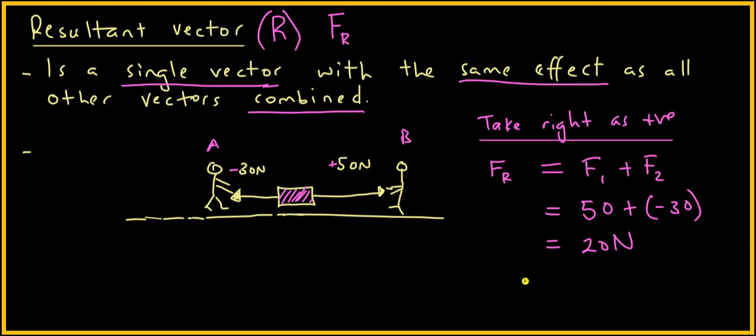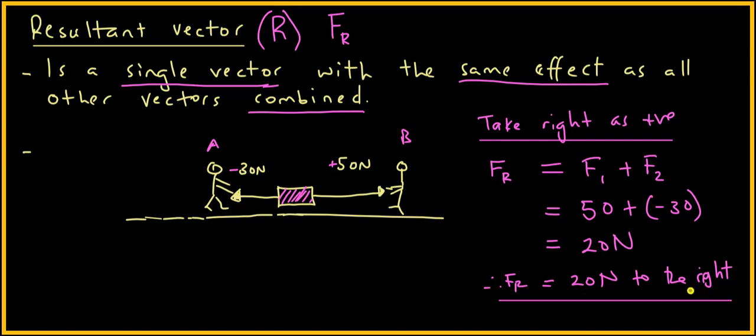Therefore, the resultant force is 20 newtons to the right. I'm saying 20 newtons to the right because I've chosen right as positive, and our answer is also positive. If we had gotten a negative answer, it would mean that the force was to the left.